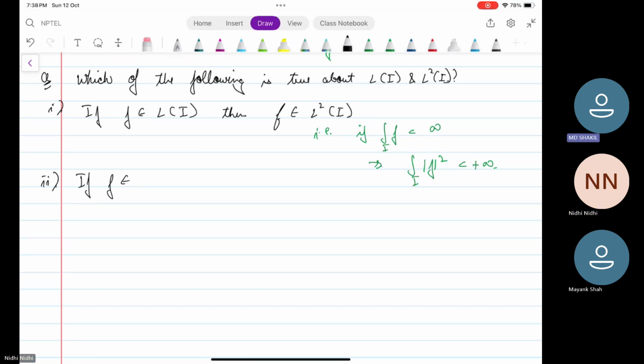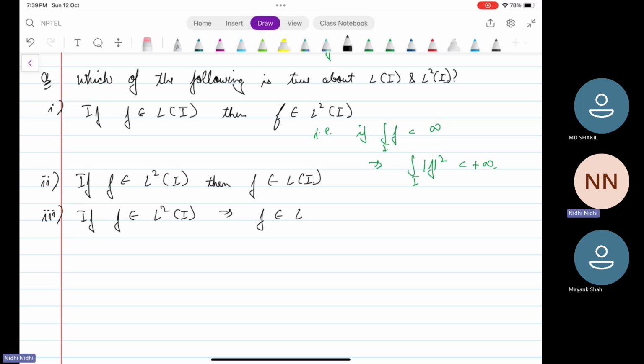In the book there is an example: f(x) equals x to the power minus half, that is, 1 by root x. 1 by root x on 0 to 1 is integrable, but its square will be 1 by x. Option C is just the definition, I think. If f is in L2, then f squared is in L1.